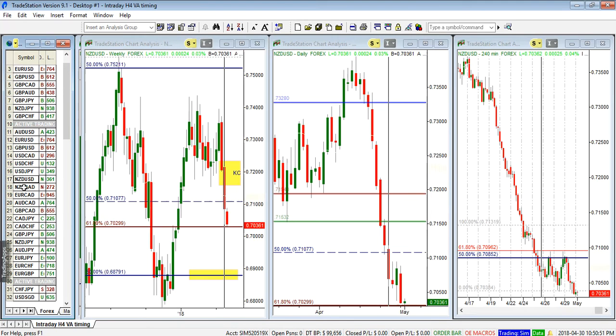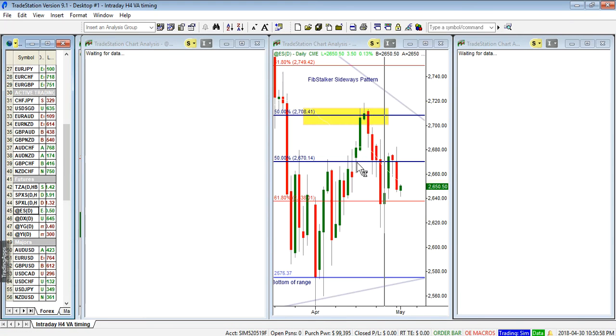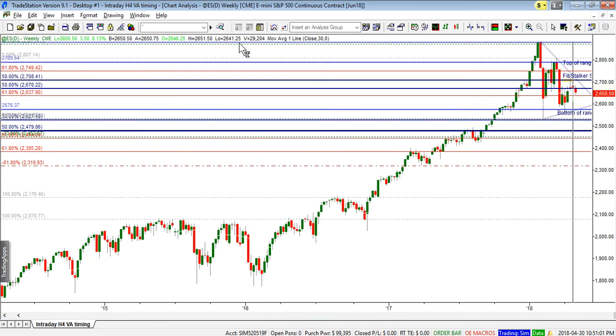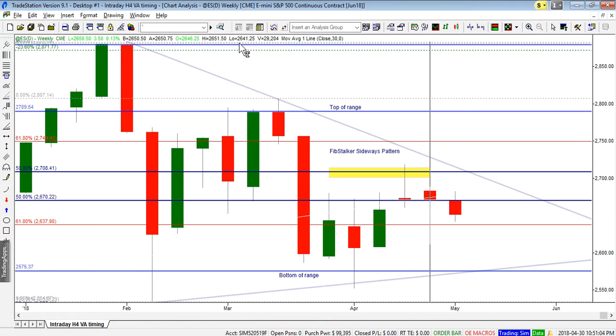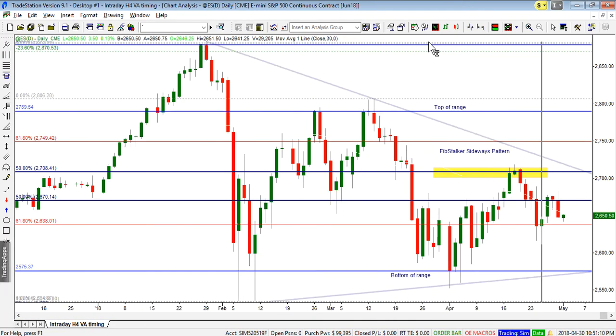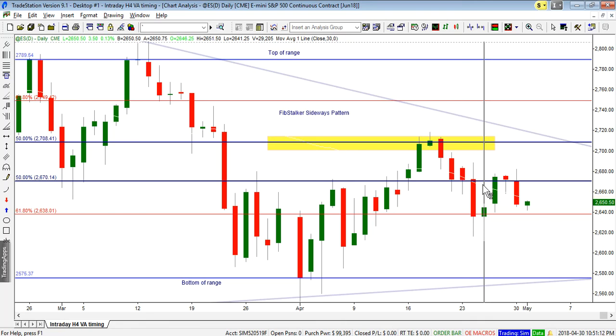So New Zealand dollar US dollar, we have reviewed that already, and I want to review the futures here, starting from the SP 500. The SP 500 is within this still big lateral move here, lateral mass, and the shorts here seem to be winning at the moment.